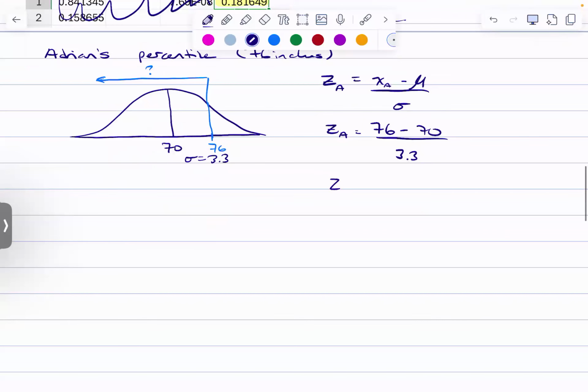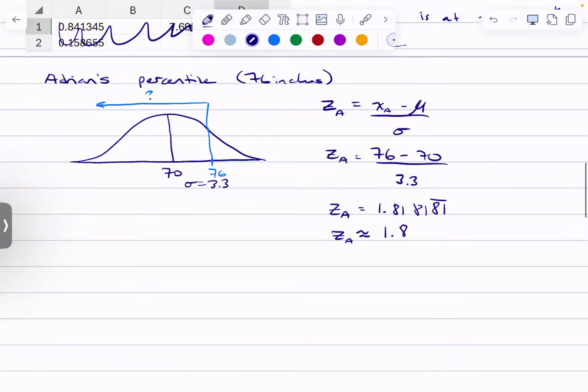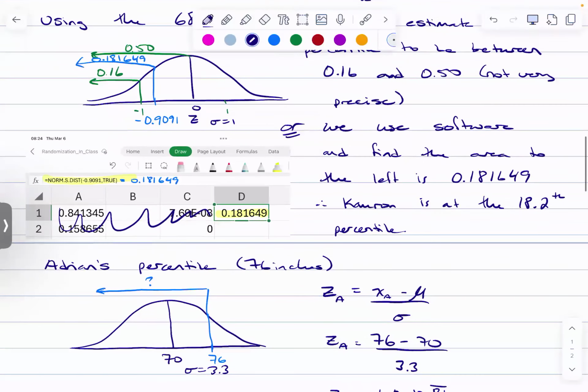I get 1.81818 repeating. Let's round that just so I don't have to lug that around. 1.8182. How many did I round to before? 4.